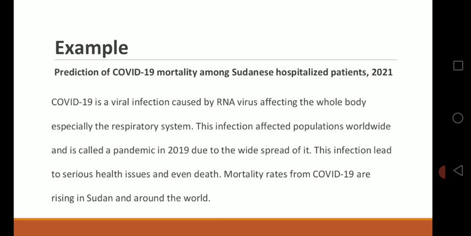Okay, we are going to have an example in order to make it clear for each one of you, in order to formulate your own statement of research problem. If we have this following study titled Prediction of COVID-19 Mortality Among Sudanese Hospitalized Patients 2021.